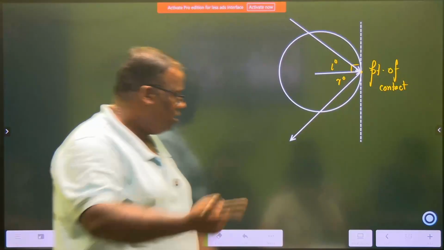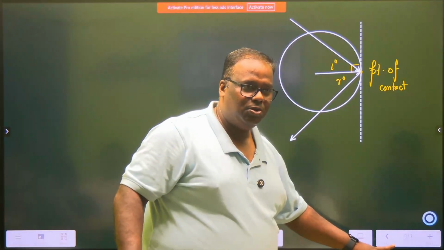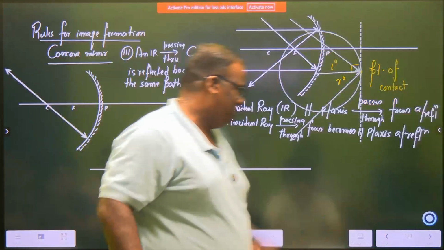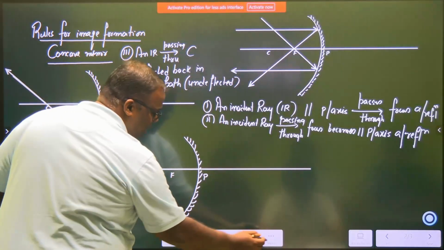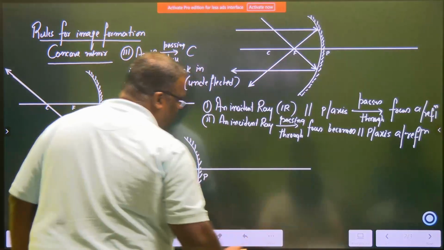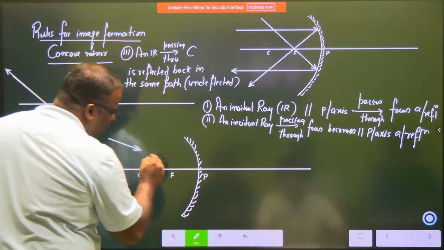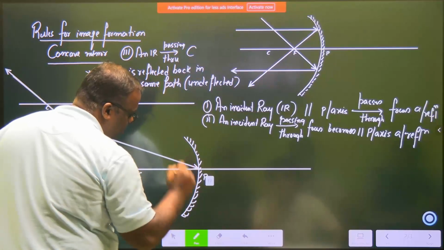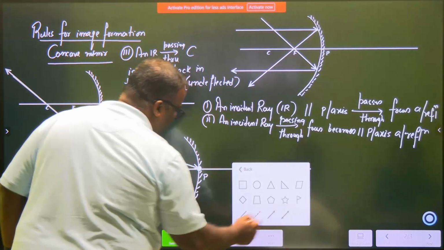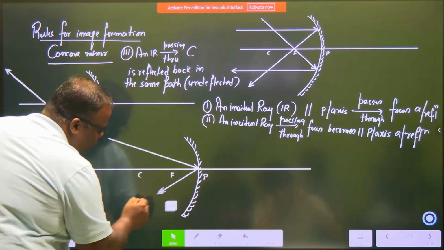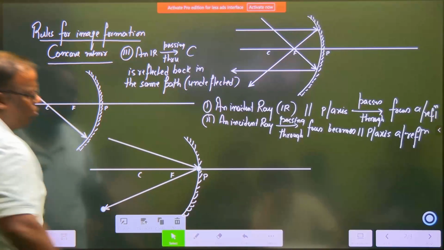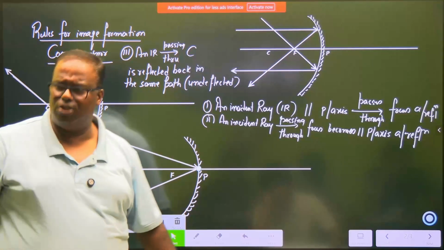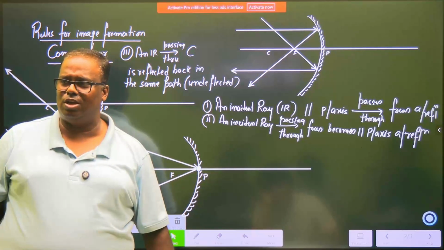So same story. Now 1 minute later, how will it be? We will say that the angle of incidence at the pole is always equal to the angle of reflection. But sir, why are you saying it like this? Don't you think the laws of reflection always say that angle of incidence is equal to angle of reflection?